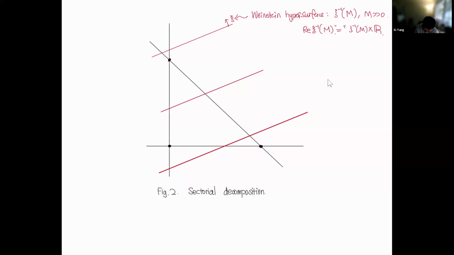So this is like H1, H2, H3. And when you have these 3 real hypersurfaces, you can just cut along this line so that you get a 1 sector, 2 sector, and 3 sectors. And there is potentially a 4th sector, but this is a product, a trivial sector.